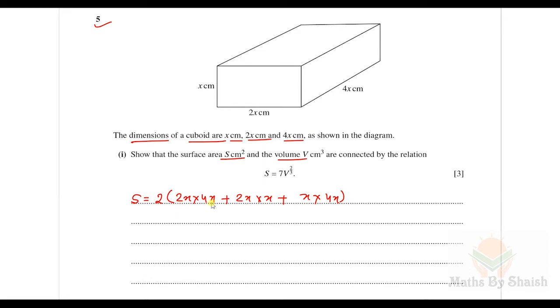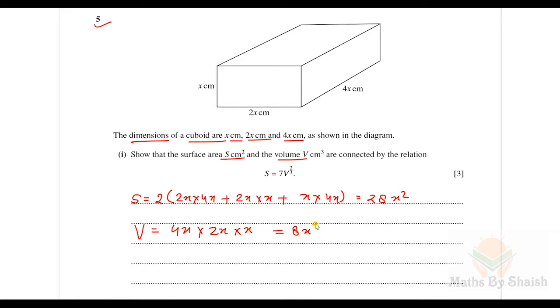So it becomes 8x square, 2x square and 4x square. So 8 plus 2 is 10, 10 plus 4 is 14, and 14 times 2 is 28x square. So this is S. And volume, we know volume of the cuboid is L into B into H. So it is 4x into 2x into x, so it is 8x cube.